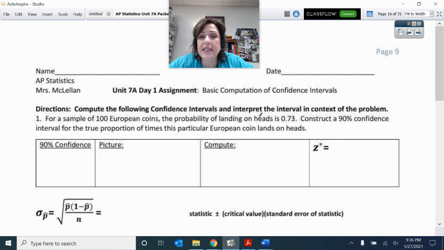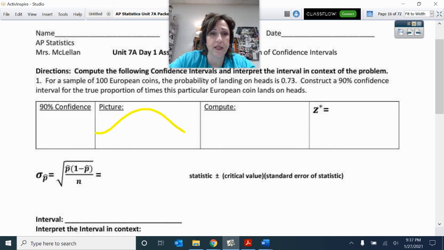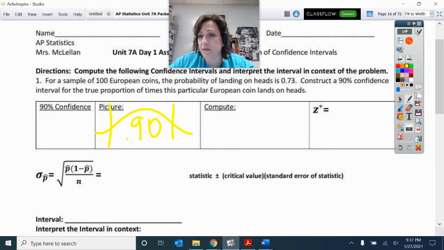So we did a sample, and we got 0.73 as our sample result. Now you're going to figure out, we want 90% confidence. Draw your picture and put your 90% in the middle, which puts 5% on the outside edges.